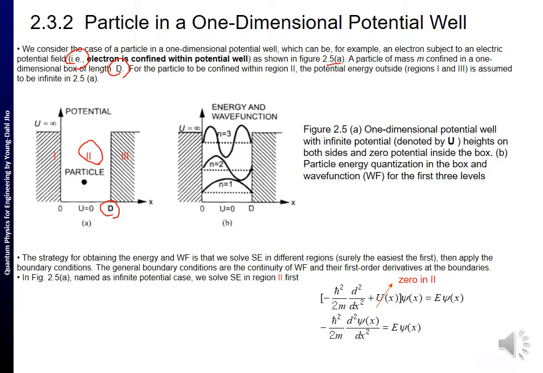The potential energy outside regions 1 and 3 is assumed to be infinite. So here the potential is presumed to be infinity in region 1, infinity in region 3, and set to be 0 in region 2.